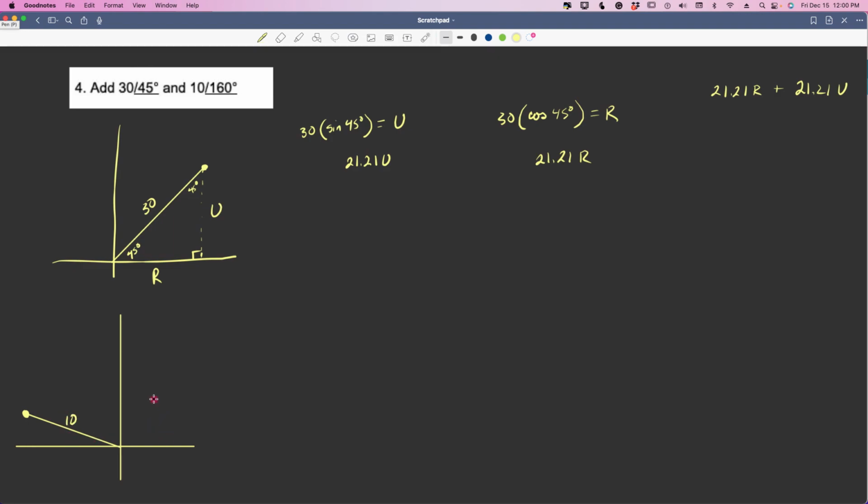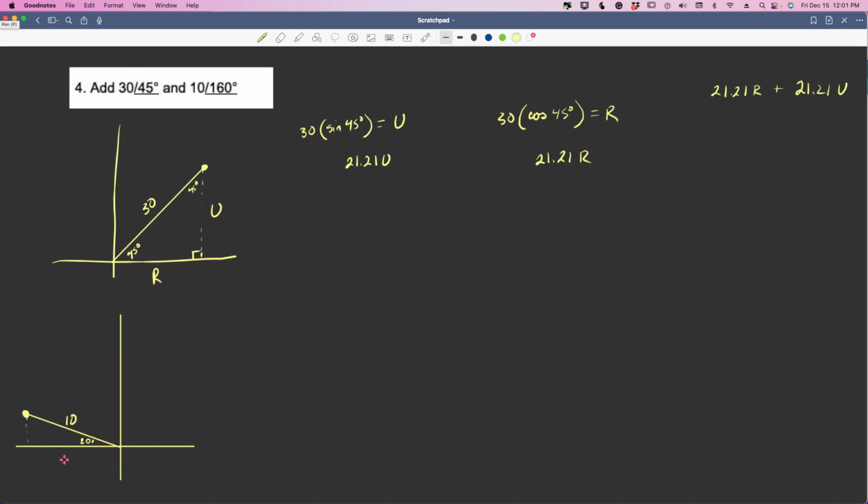So if this is 90 and this is 160, then we can take 90 from 160 and we get 70. So if this is 70 and this is 90, then this is 20, right? Which we kind of already knew because we said 180 minus 160 would be 20 away from this point right here. So that's where we are.